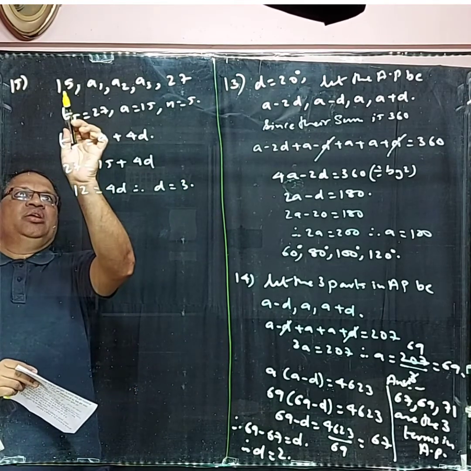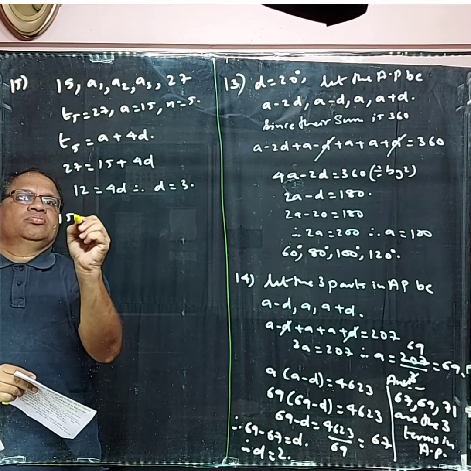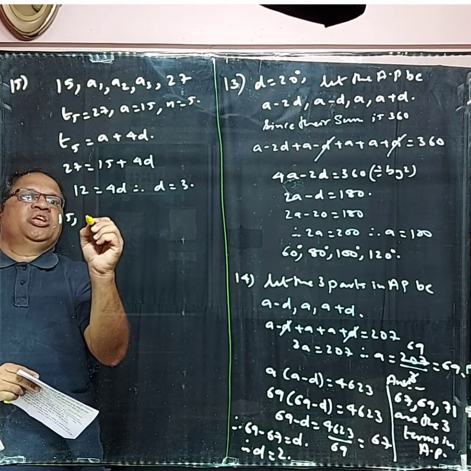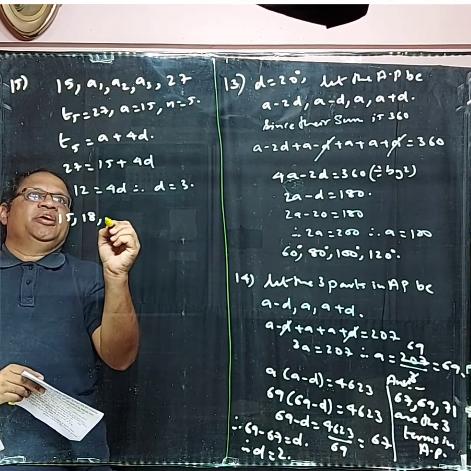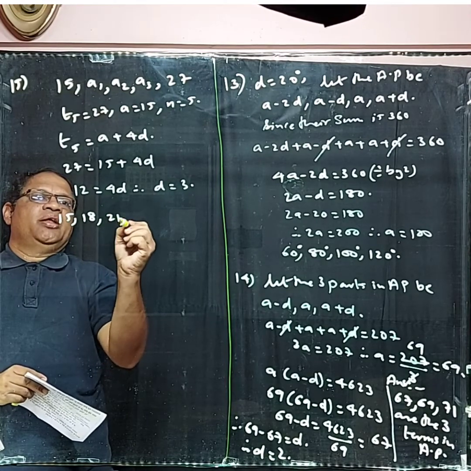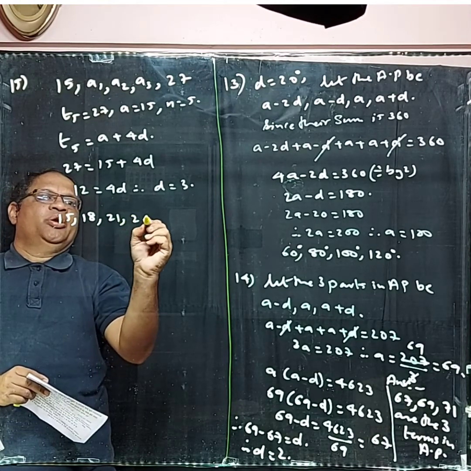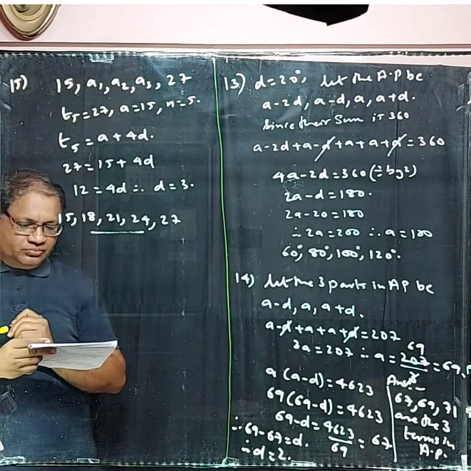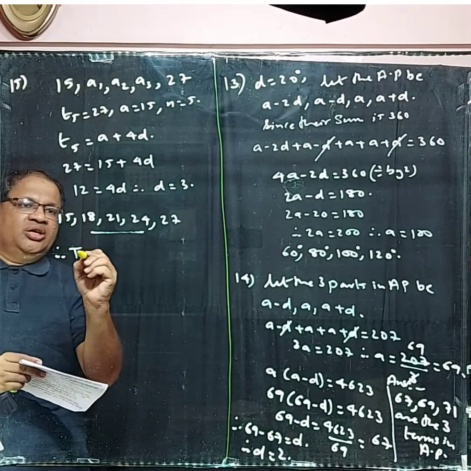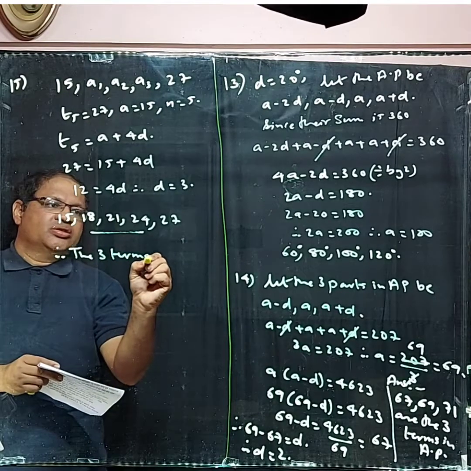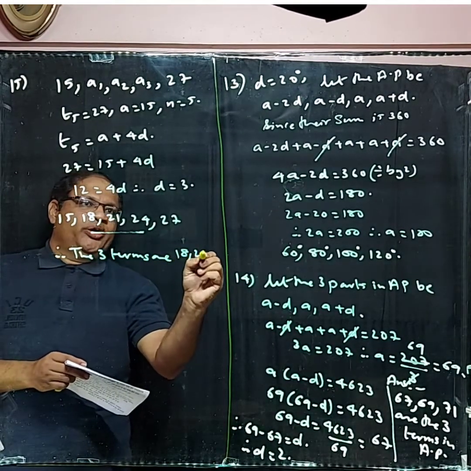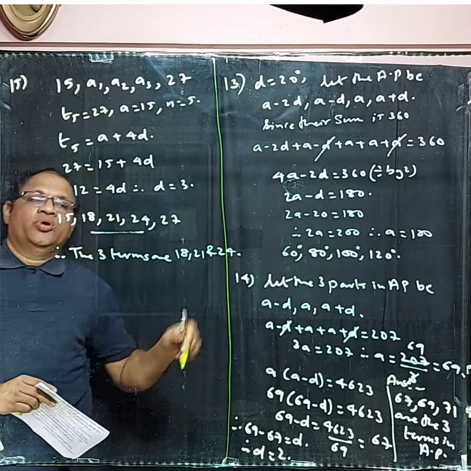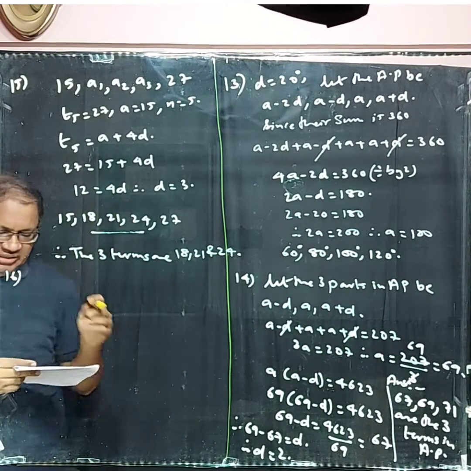So 15 plus 3 is how much? 18. 18 plus 3, 21. 21 plus 3, 24. And 27. So these are the three terms. Therefore, the three terms are 18, 21 and 24. Okay. Now let's go on to the 16th sum.